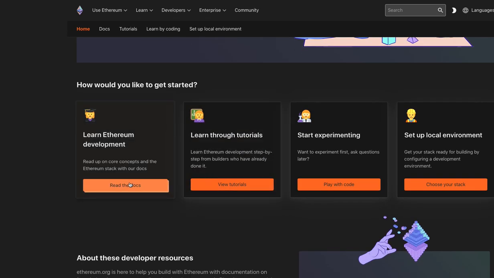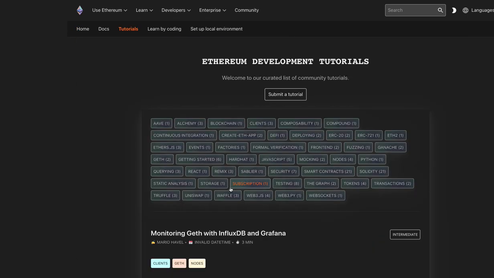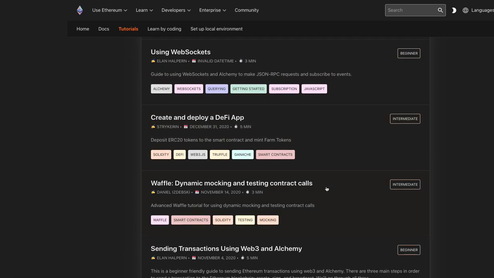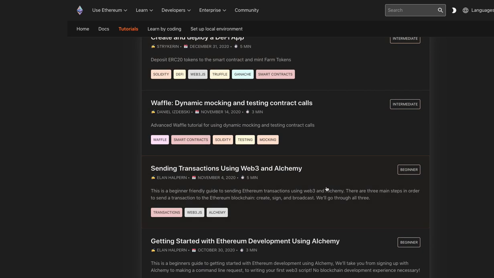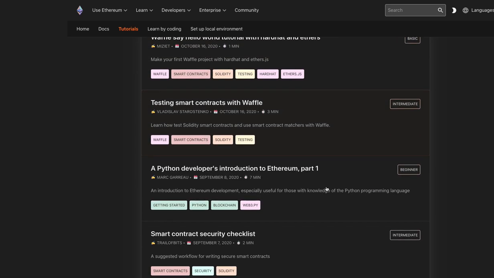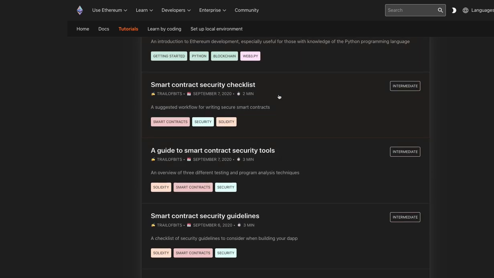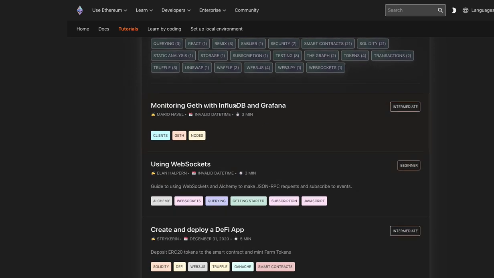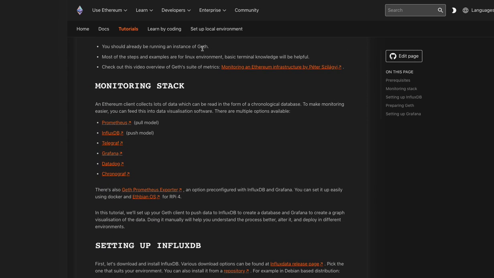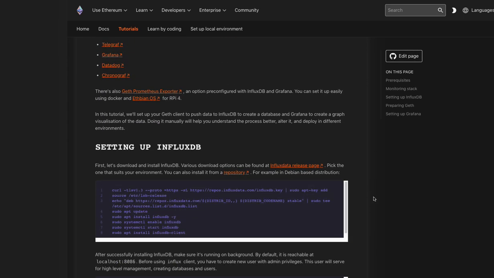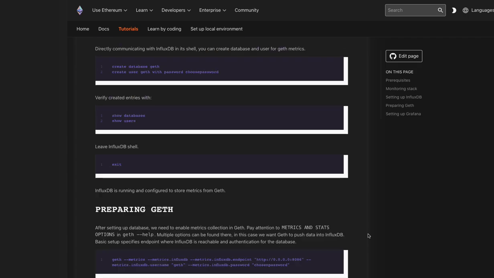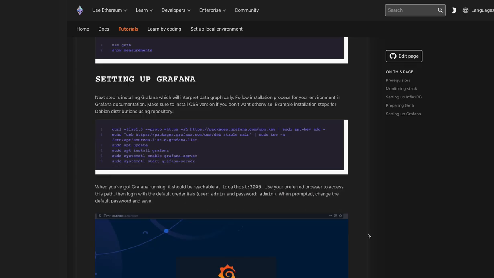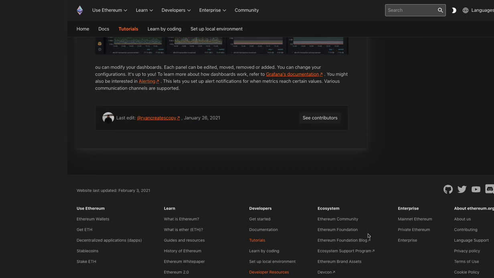Here you can see that they have a lot of tutorials for you to try. For example, I can choose the first one: monitor Geth with InfluxDB and Grafana. You follow their instructions. Make sure that you have your environment prepared for hands-on work with these instructions.